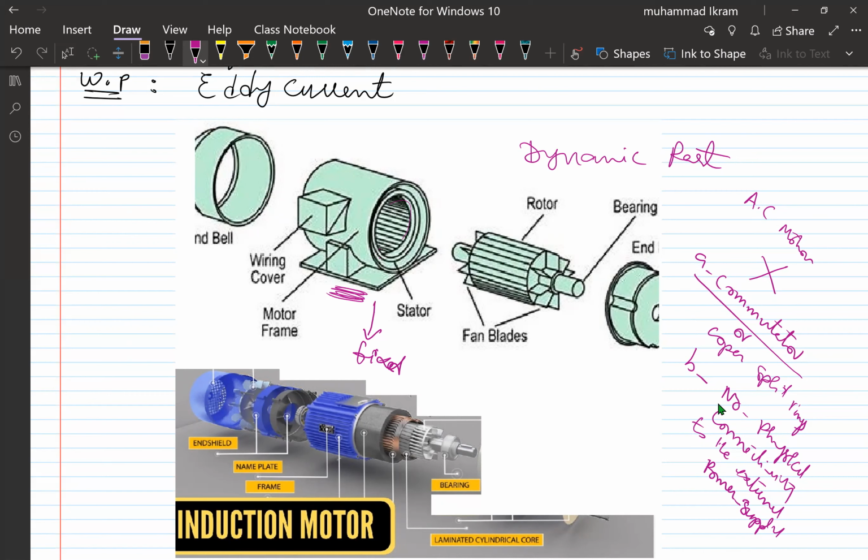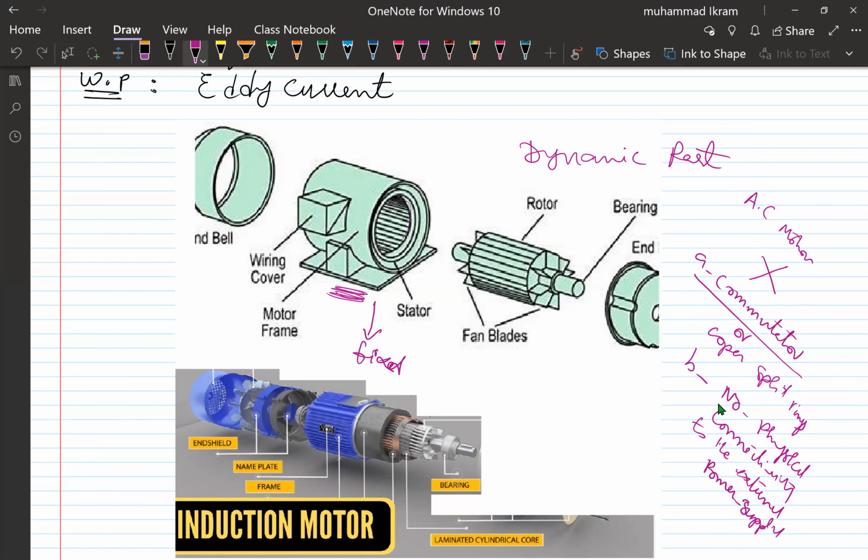Some of the magnetic field lines pass through the rotor and produce induced EMF in the coil, and that induced EMF causes the rotor to turn. So this is actually because of the induced current which is produced in the coils of the rotor.